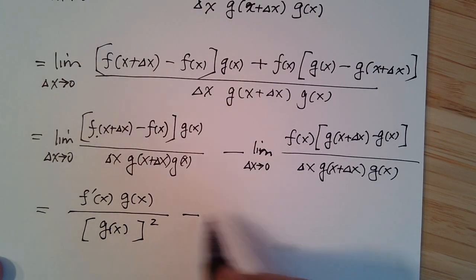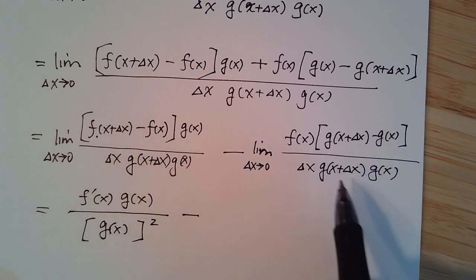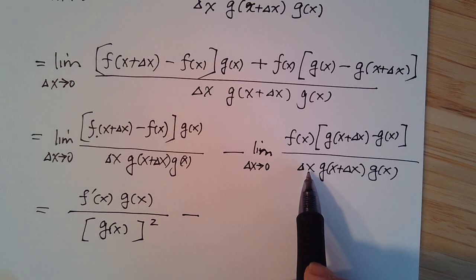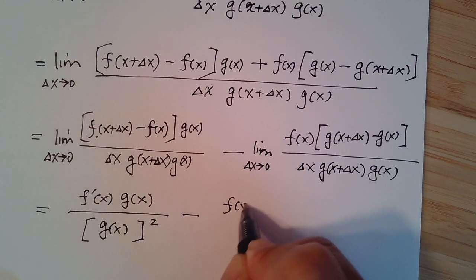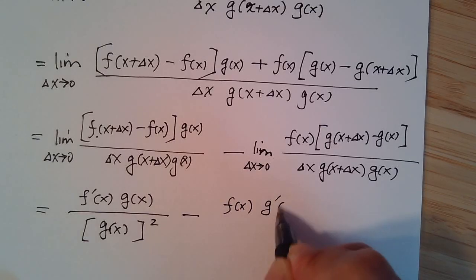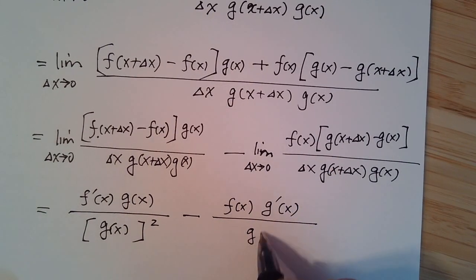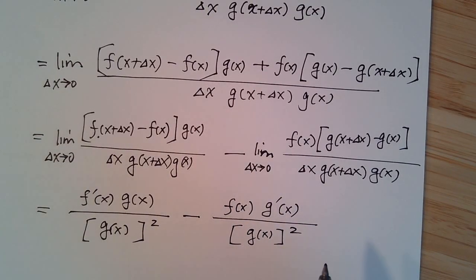And then I go minus, and the top again, this delta already worked with that, okay? So g of x plus delta x minus g of x over delta x when delta x approaches 0. So that will be just g prime of x. And then down here, again, it's g of x squared.